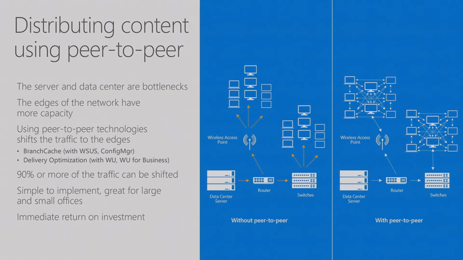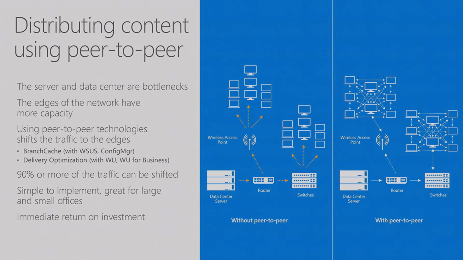It's amazing, just looking at the Config Manager current branch implementation, how much benefit you get out of these peer-to-peer distribution techniques. Even for simple things like Config Manager policy downloads. Every time a client asks the server, do you have any new policies for me, any new instructions on what I should do? It will download that using BITS, using peer cache, so one client can download and then share that same policy with all the other PCs on the subnet.